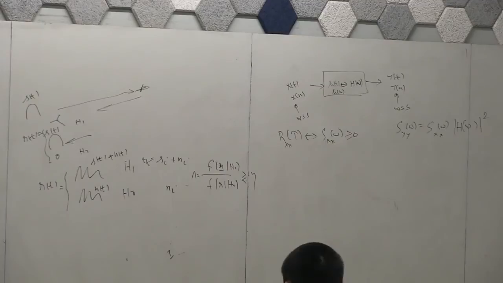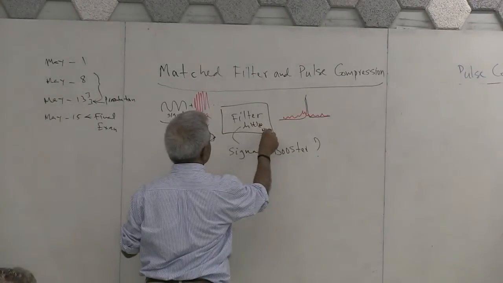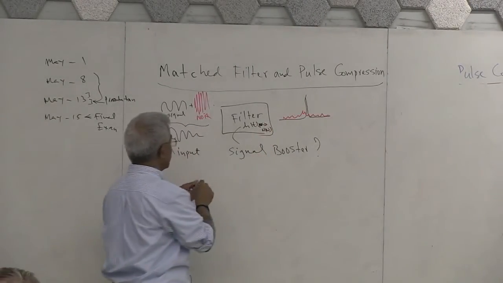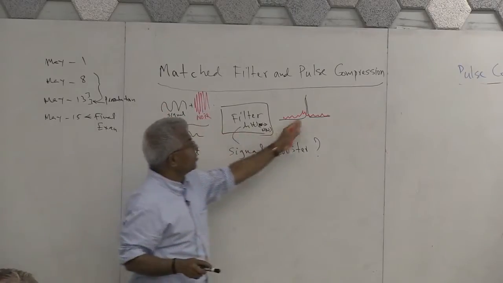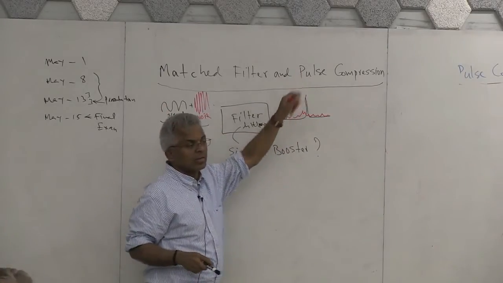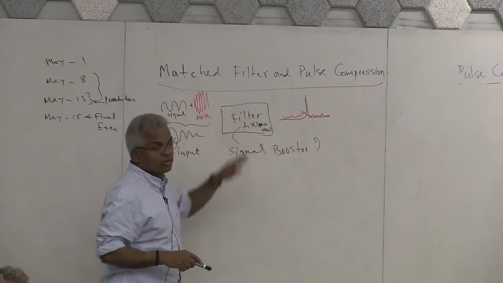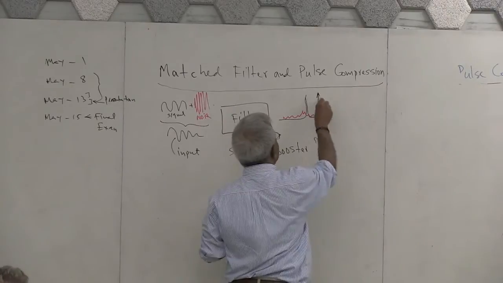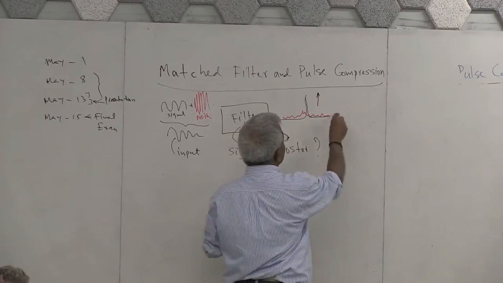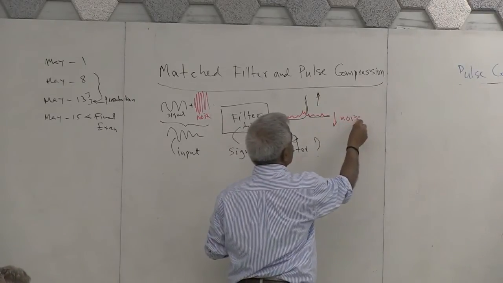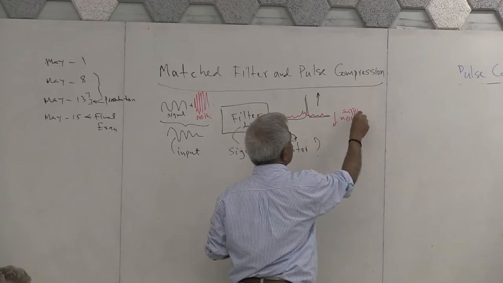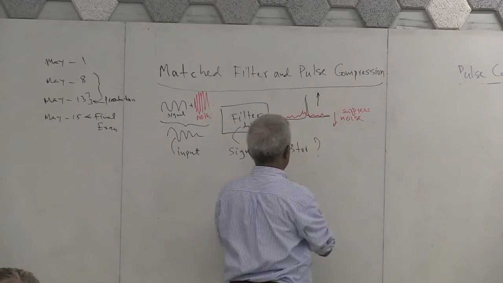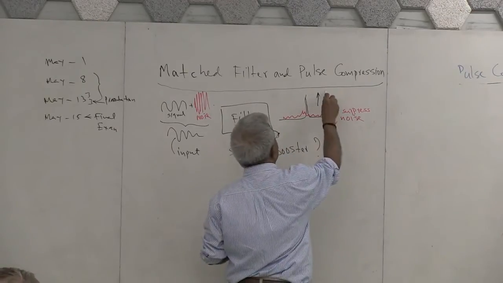Whereas here, one idea is that let me try to design a filter h of t, with the transform H of omega, such that the signal component, I want to boost it, and I want to suppress the noise component. When the noise goes through this, I want to suppress it. So I want the signal to be boosted and I want the noise to be suppressed. Boost the signal.